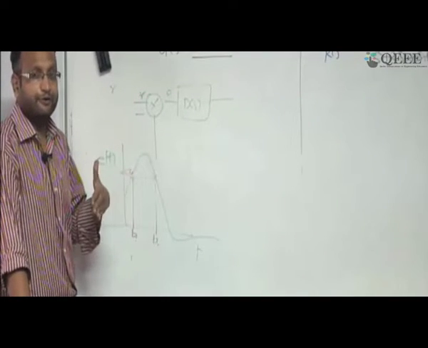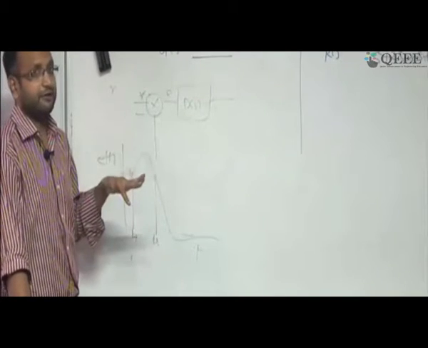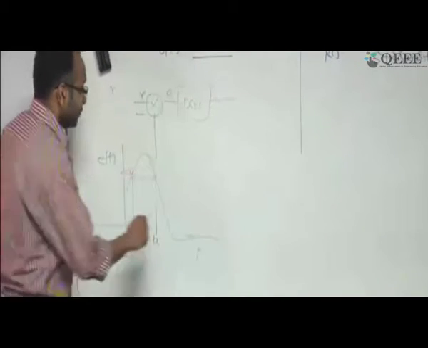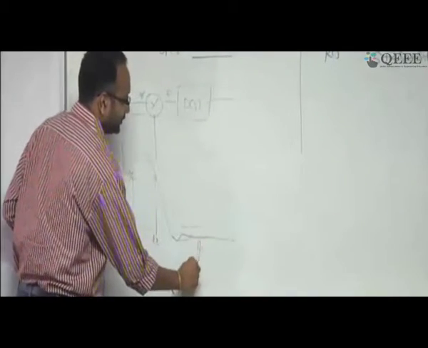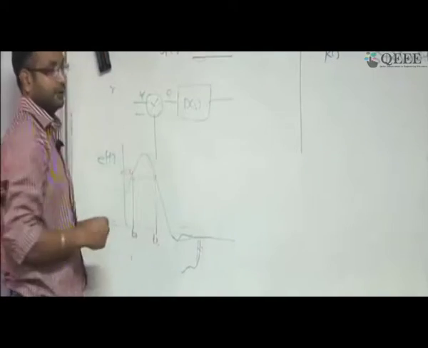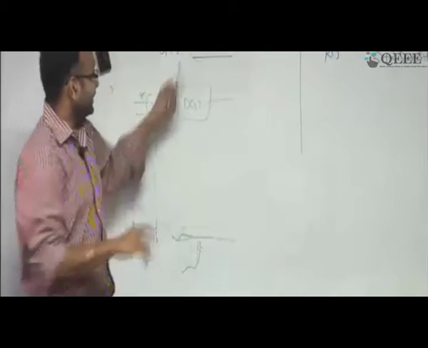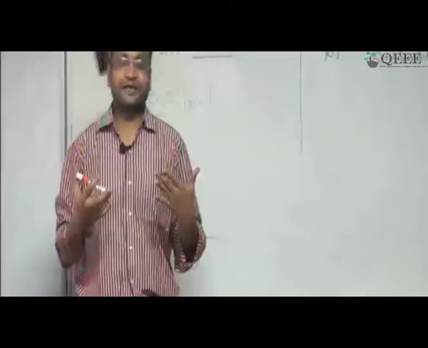At that time, suddenly you are given an input, so the error will be very, very different, and that's why your derivative error will play a role. Suppose you go to a steady state value. So what happened? The derivative term is going to be 0. In this case, if the derivative term is going to 0, it will act as only a proportional controller. So in this case, 1 plus Kds, if I am adding it, it means it's a proportional plus derivative controller.